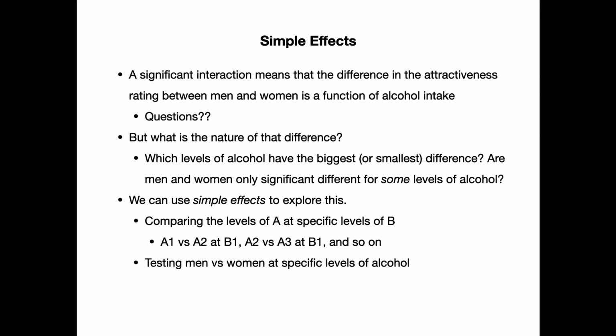If we take gender, we're going to compare men versus women, but we're going to do it first just at the 0 alcohol level, and then we'll do it at the 2 pints and so on.